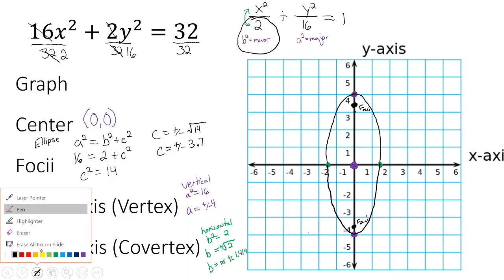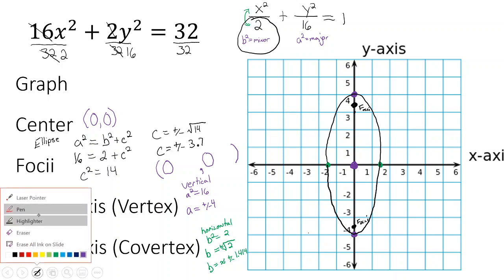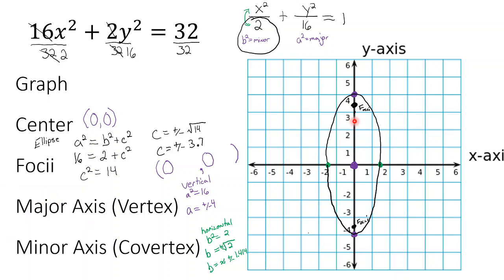As we continue on, if we want to find the coordinates of the foci, again, I'm going to show you how this is done. This might seem a little redundant right now, but trust me, doing this will make sense a little bit later on. Put the comma in the middle, because this is going to be a set of coordinates. Take the center, 0, 0. And then what is this traveling on? You can see the foci, again, are right here.